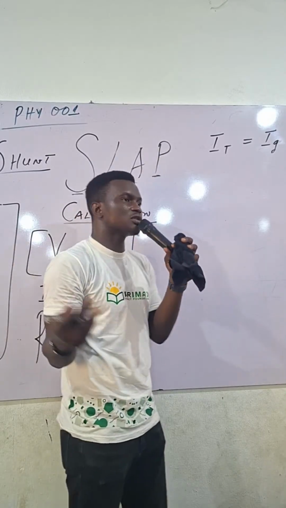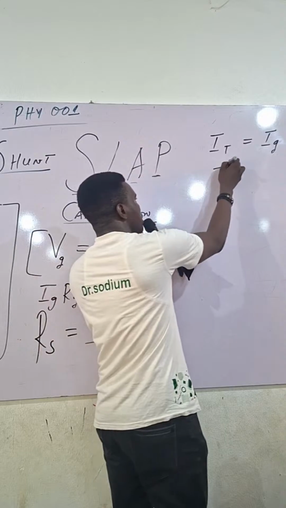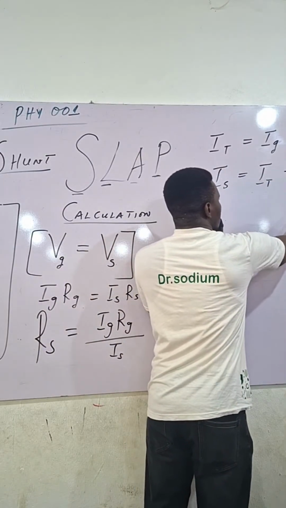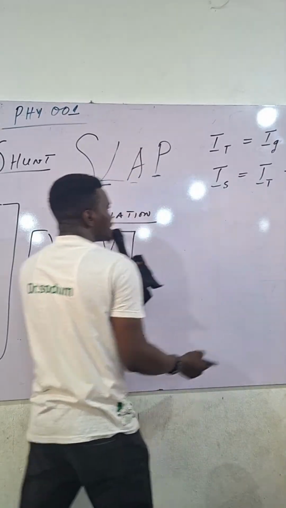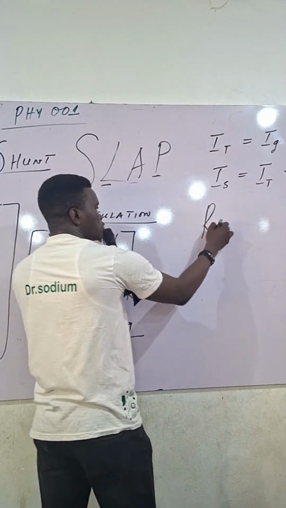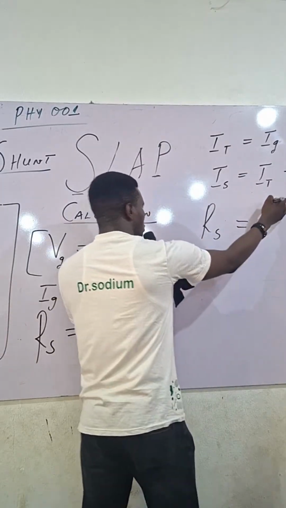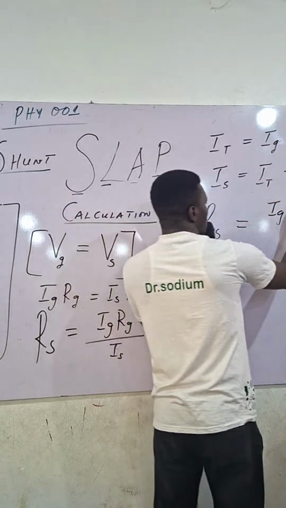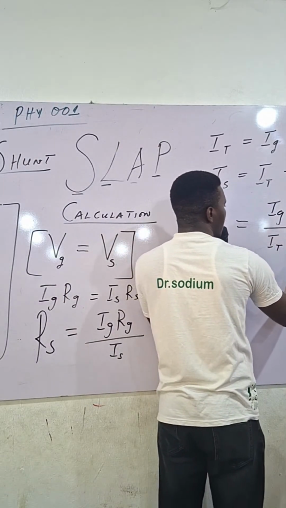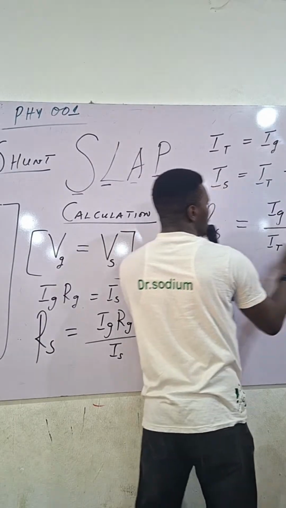So making IS the subject of the formula, IS is equal to IT minus IG. So if IS is equal to IT minus IG, bring it back to your formula. So I'm going to have RS is equal to IG RG all over IT minus IG. So this is the formula they always want you to cram.